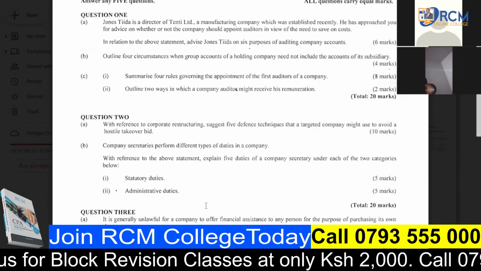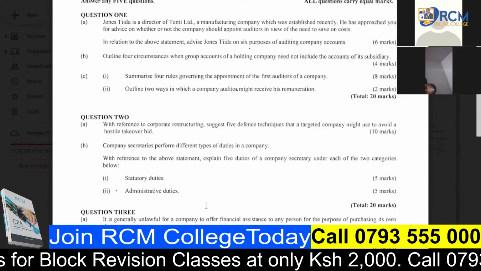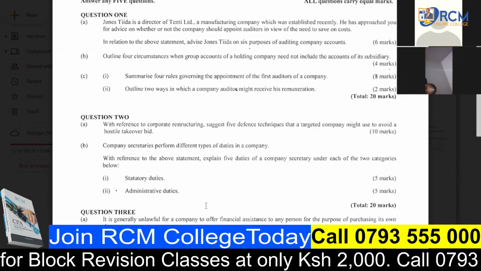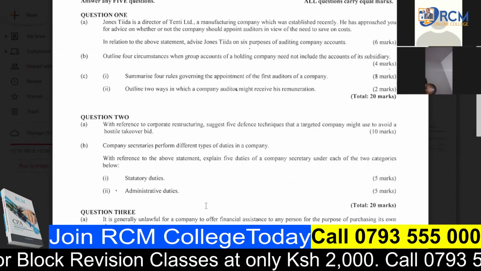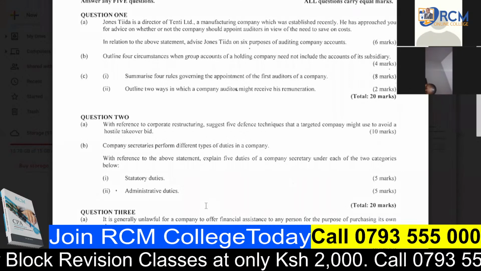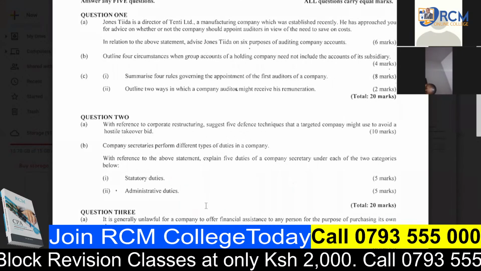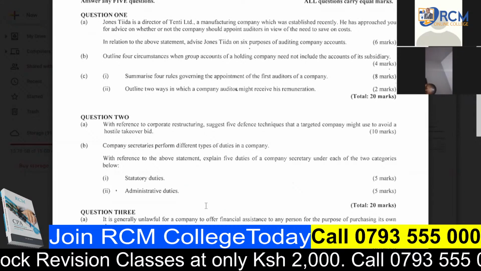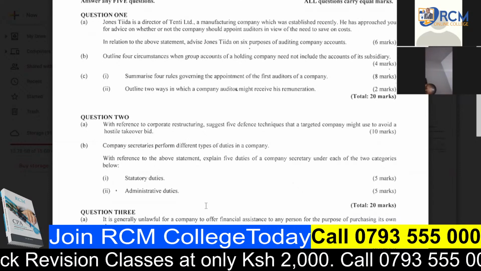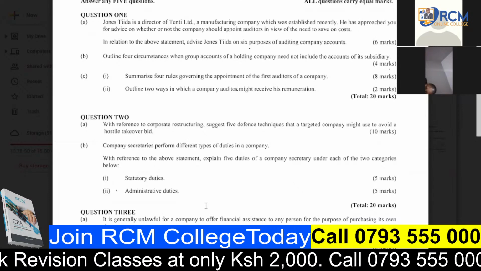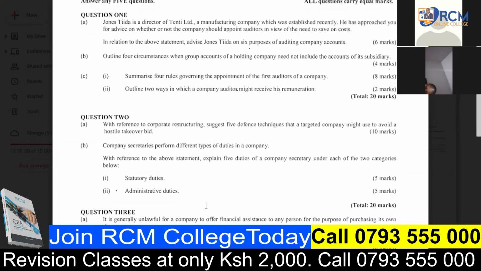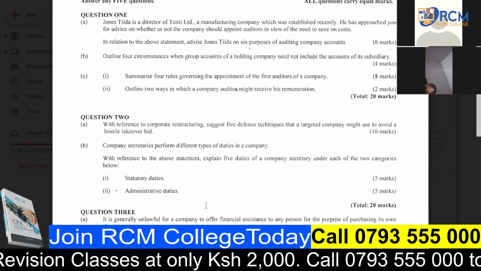Statutory duties are those outlined under the Companies Act, under the statutes. If you look at the Companies Act, you'll see they have indicated the duties of a company secretary. Administrative duties are the ones that can be given out by the directors of the company because they are the appointing authority.